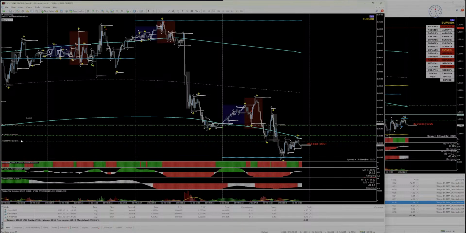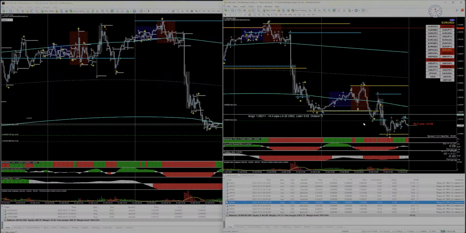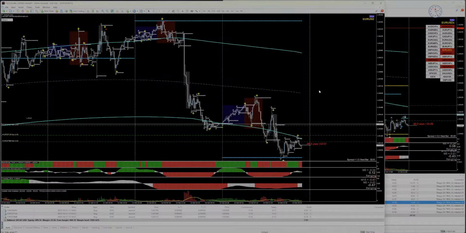So I'm not increasing the lot size on this one. And you have the same option on the EA as well, but from experience, it's better to increase the lot size and then bring your average down, and then get out of those recovery trades as soon as possible. There's a hint for you how it works.